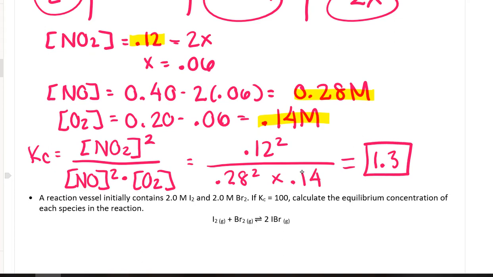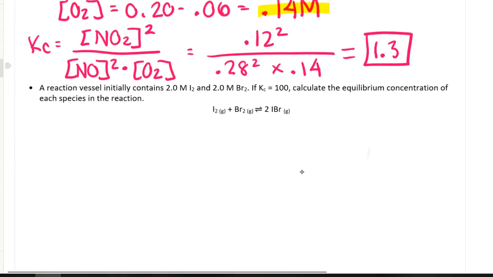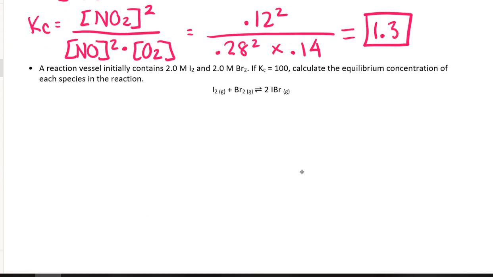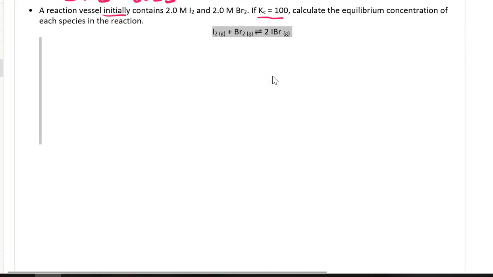Alright, last one. This problem is going to be a little bit different. We're still going to use a RICE table because I notice it gives me initial concentrations. But the difference for this one is it tells me what Kc is going to be equal to. Alright, so let's go through, fill out our RICE table, figure out what we know.